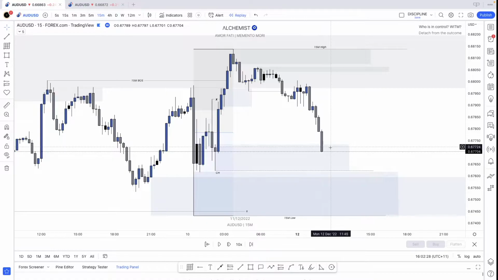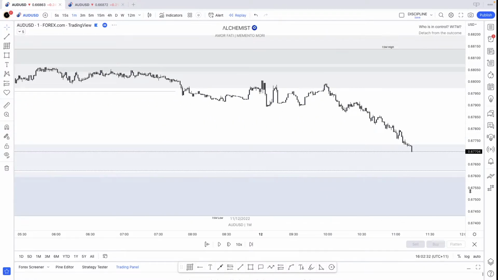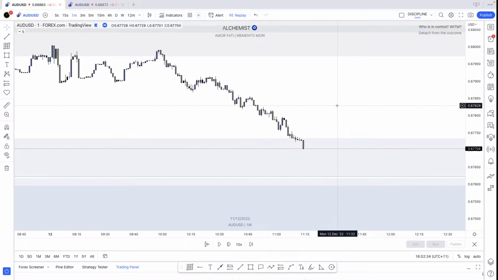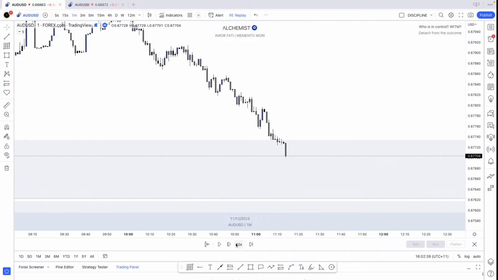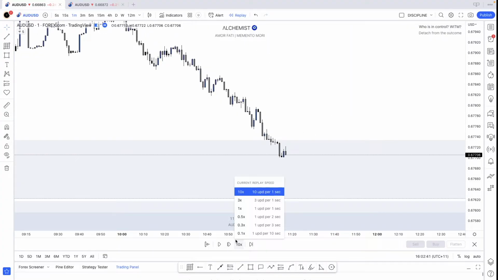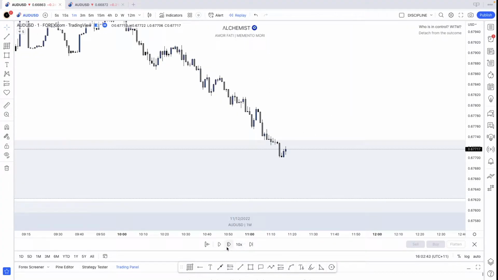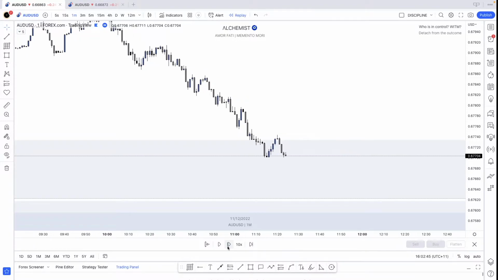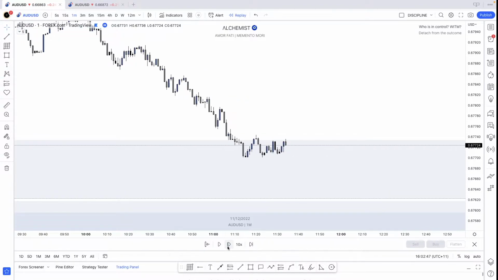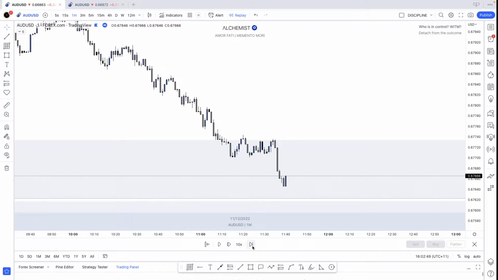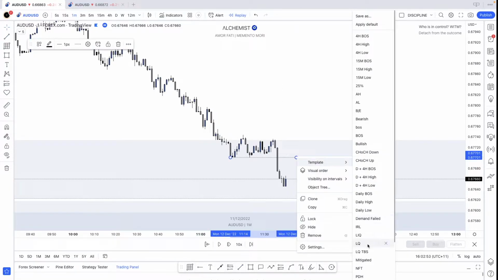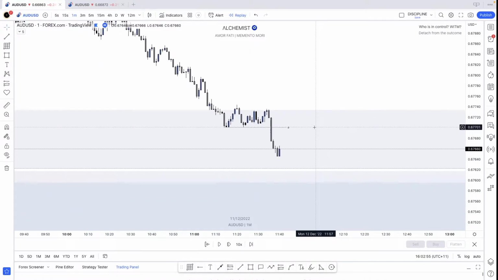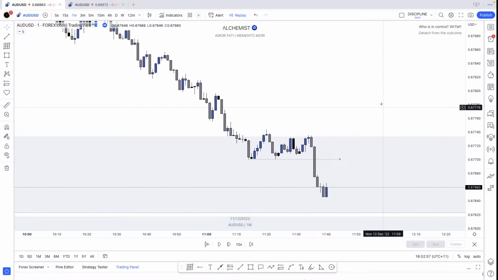So once we've tapped into this demand, we can go straight down to the 1 minute. And then we had one of our liquidation models occur, which I'm not going to be going into too much detail on in this video. So we'll see this here. After we had all of this price action here be swept, we were looking for price to give us a 1 minute change of character above.